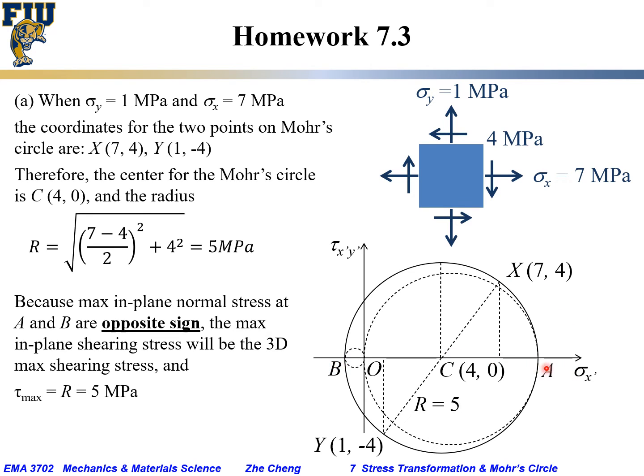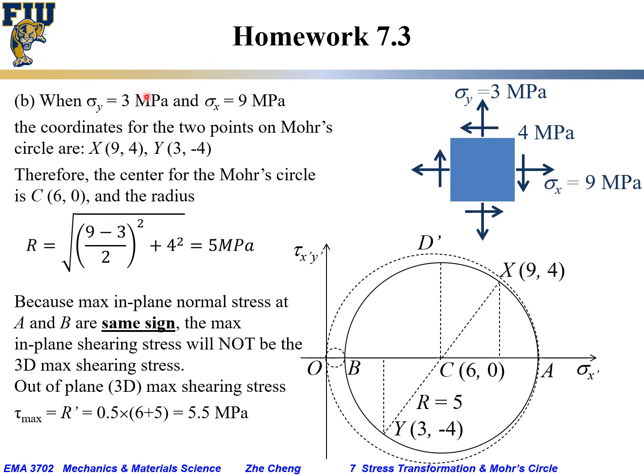Because they are opposite sign, the maximum 3D shearing stress would be just the in-plane shearing stress, and it will just be the radius, which would be 5 megapascal. So the maximum 3D shearing stress would just be the radius for the largest circle, which is also the xy circle, and it will be just 5 megapascal.